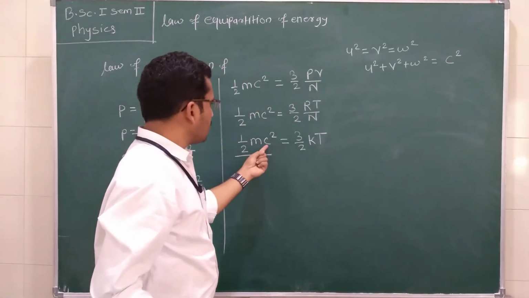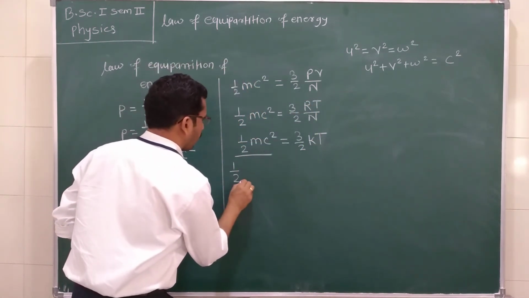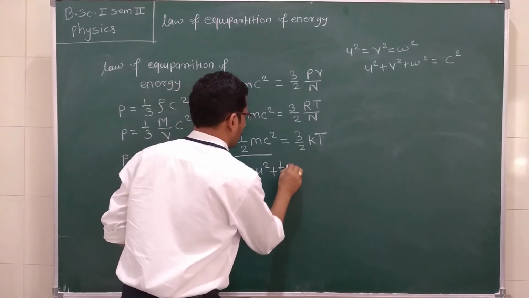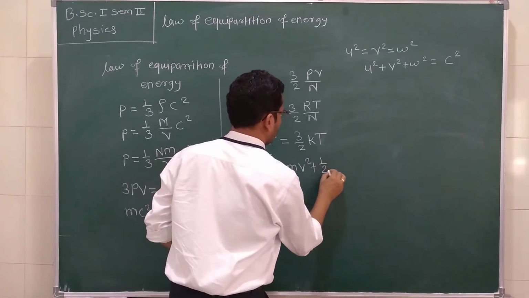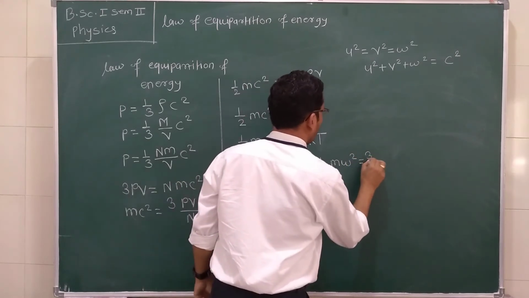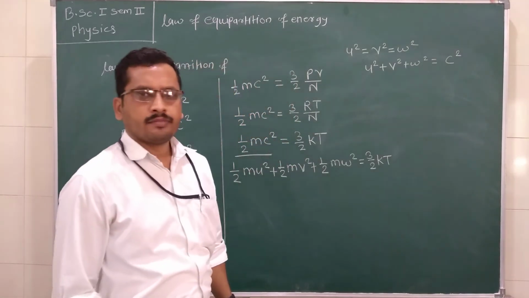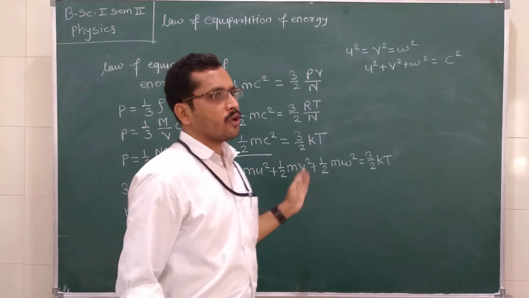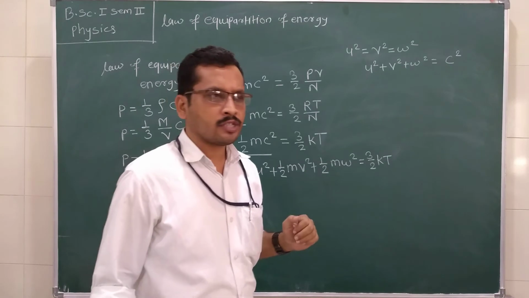So if we put this c² equal to this, we can write this equation as 1/2 mu² plus 1/2 mv² plus 1/2 mw² is equal to 3/2 kT. But we know that the velocity of the gas molecule along the x-axis, y-axis or z-axis remains constant.